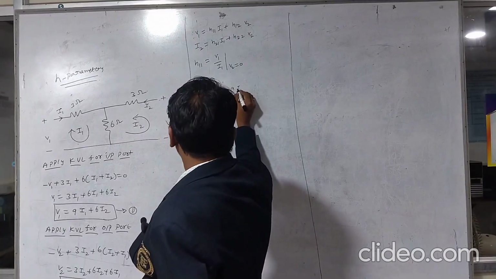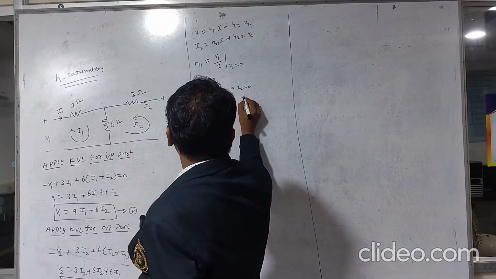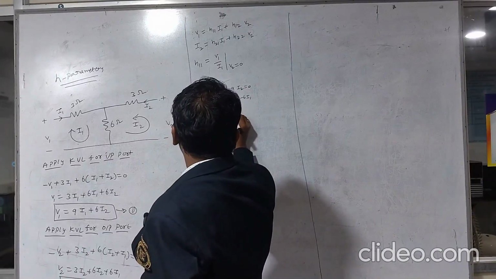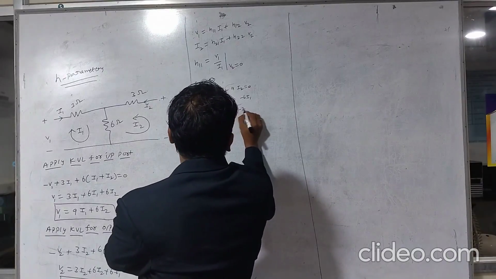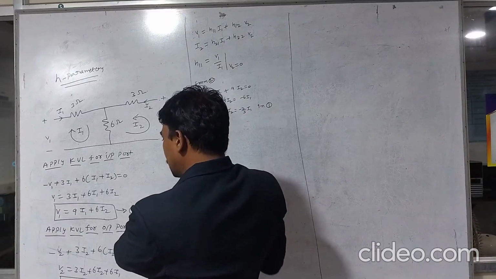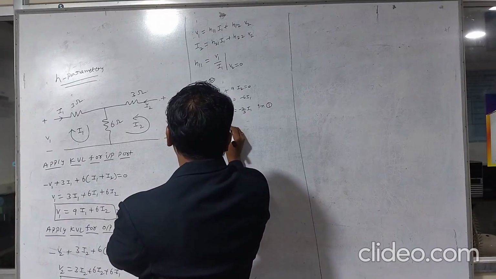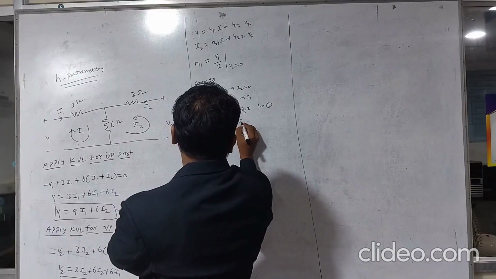6I1 plus 9I2 equal to 0. 9I2 equal to negative 6I1. I2 equal to minus 2 by 3 I1. Place it in the first equation. So in the first equation, V1 equal to 9I1 plus 6I2.